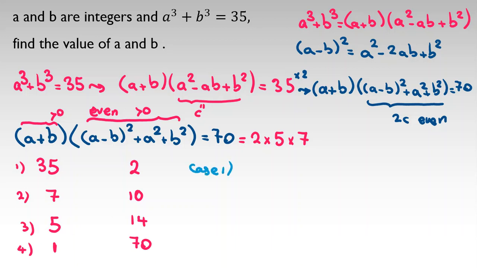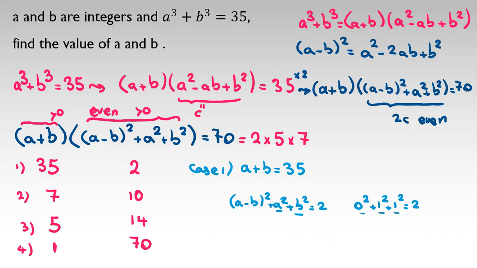Case 1. A plus B is 35, and (A minus B) squared plus A squared plus B squared equals 2. If you want to create 2 as a sum of 3 perfect squares, the only possible case is 0 squared plus 1 squared plus 1 squared equals 2. And then we know that A and B are two of these three things.